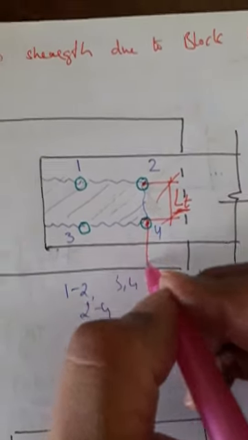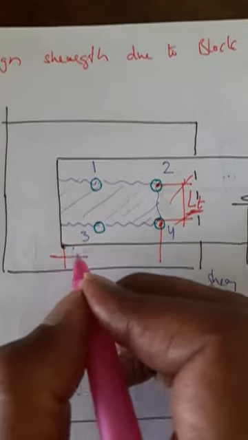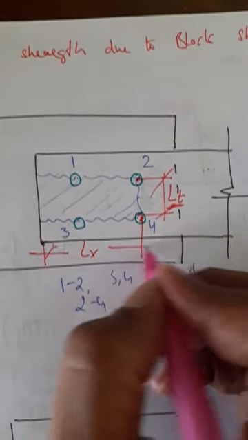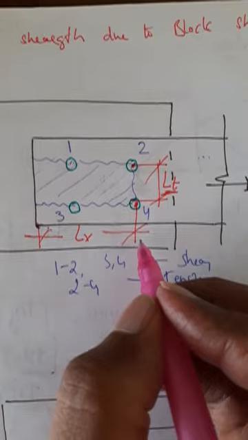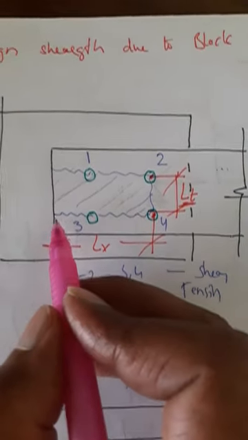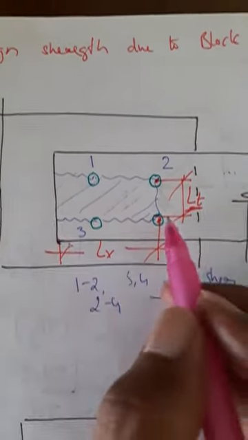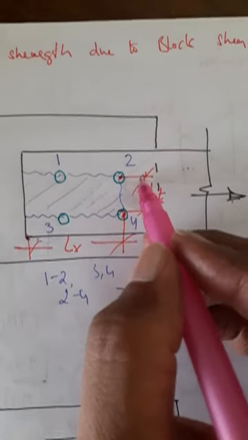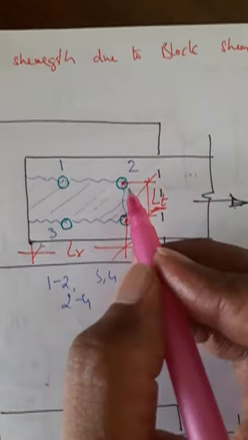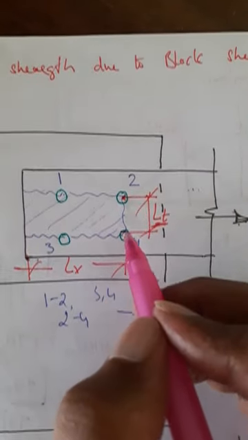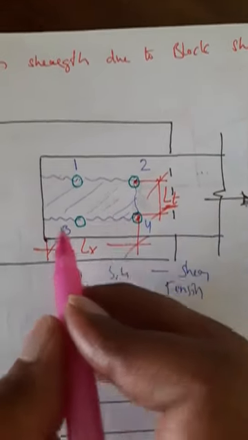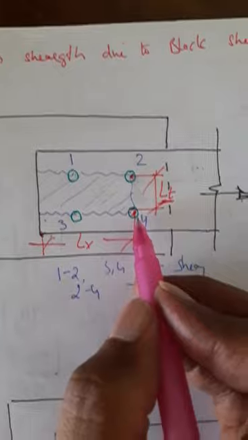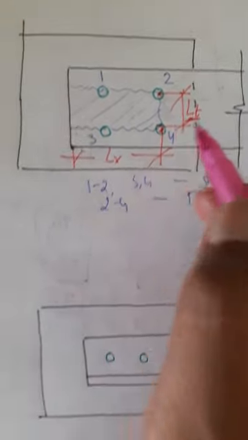Similarly, the length parallel to the load direction, from the outermost bolt to the end of the plate, is defined as LV. So this distance in the perpendicular direction to the load is LT. Parallel to the load direction, this distance is LV.